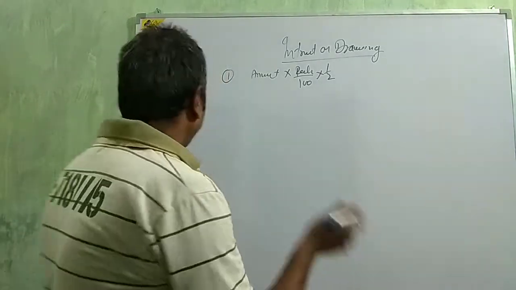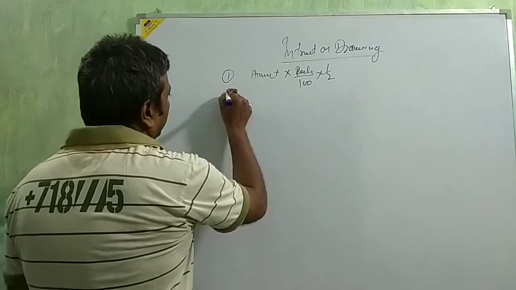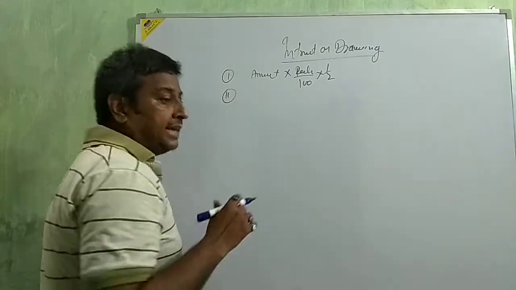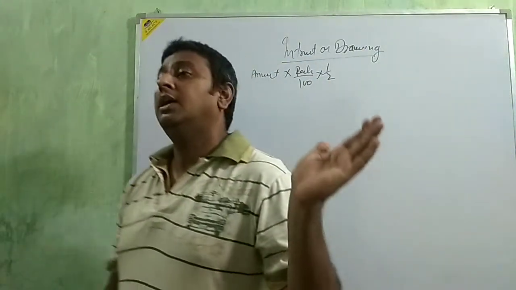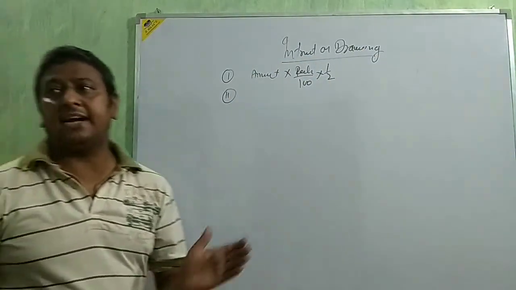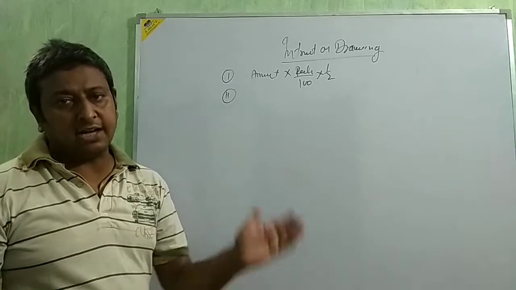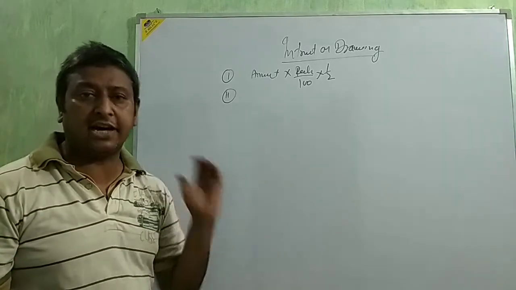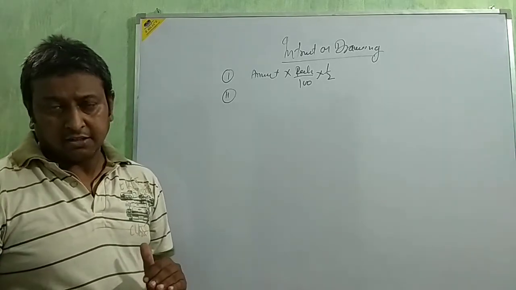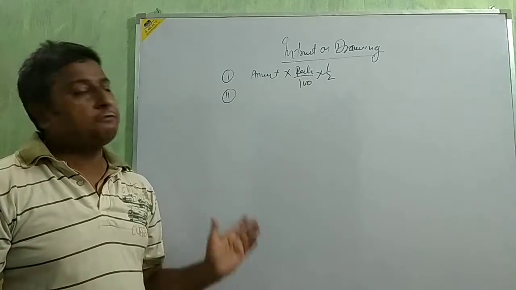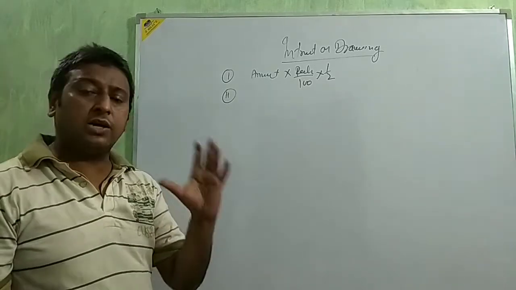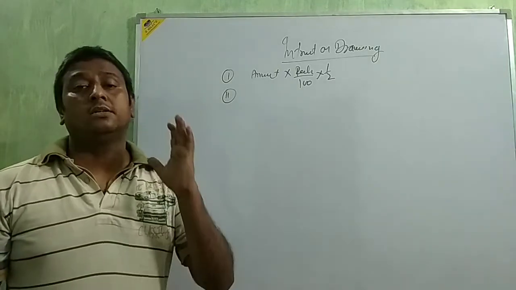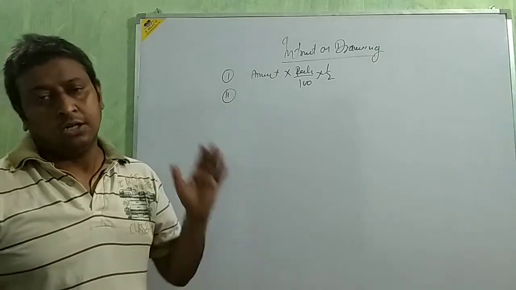And if it is irregular, second, then we are going to take the last month of that year, calculate how many months that drawing was taken, then take the product amount, and then calculate 1 month interest on drawing.